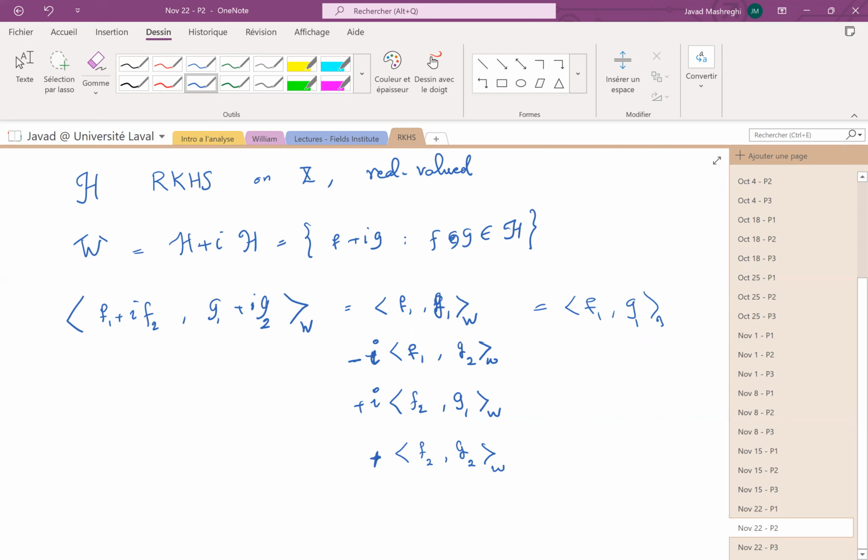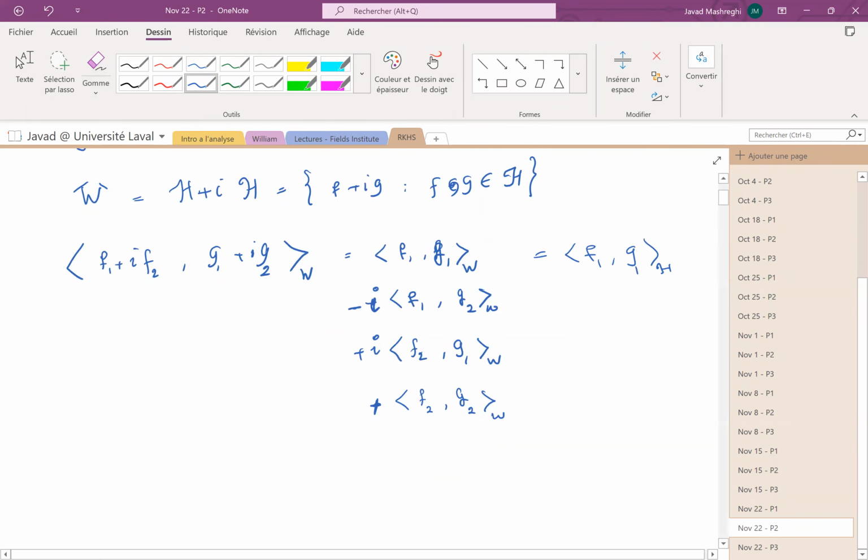So the inner product of f1 and g1 in W is this, and we want it to be the same as the one in H. And the same for the rest: minus i times the inner product of f1 and g2 in H, plus i times the inner product of f2 and g1 in H, and the same with plus the inner product of f2 and g2 in H. We want this to be true.